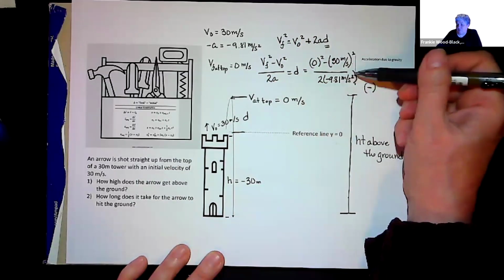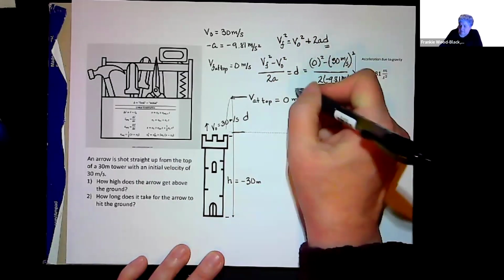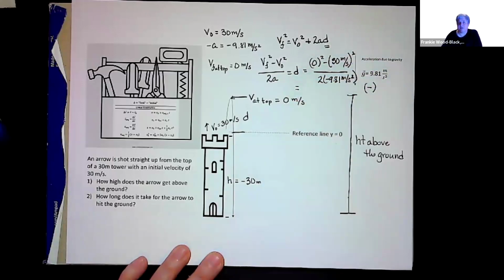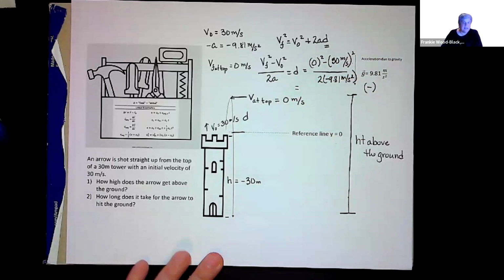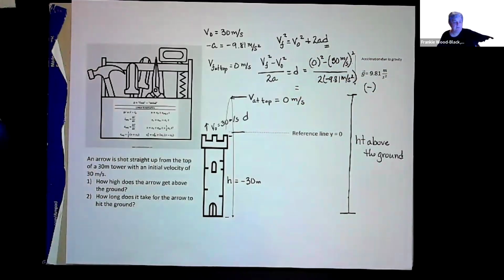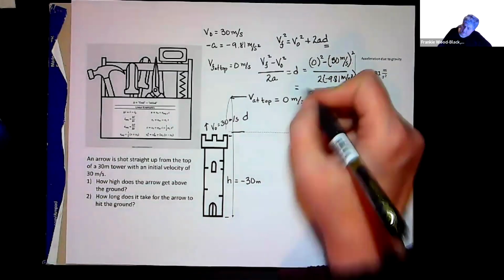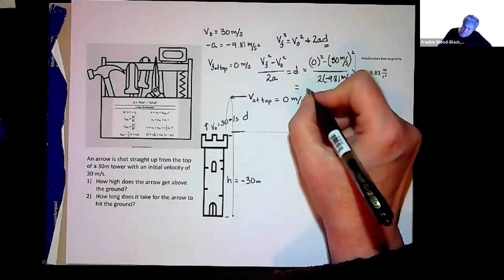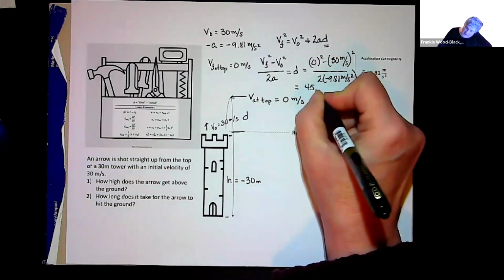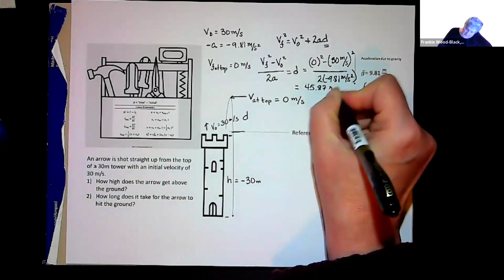I'm going to cancel out 1 meter and I'm going to cancel out my square, and I'm going to end up in meters, which tells me I've done my algebra right. And when I plug that into the calculator, I ended up with 45.87 meters.